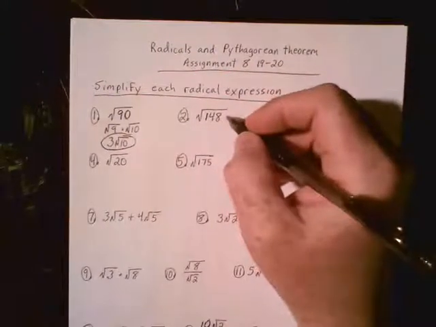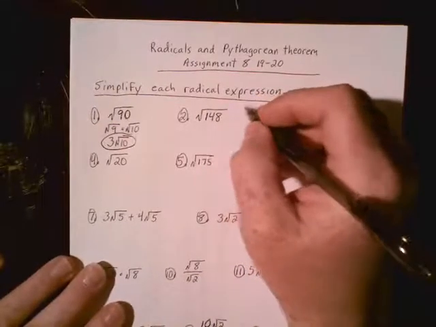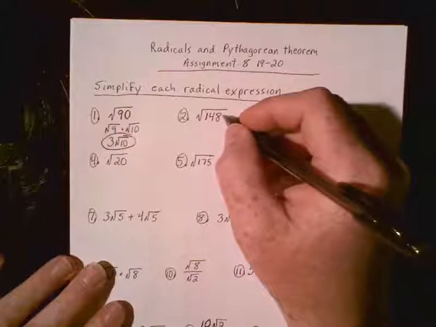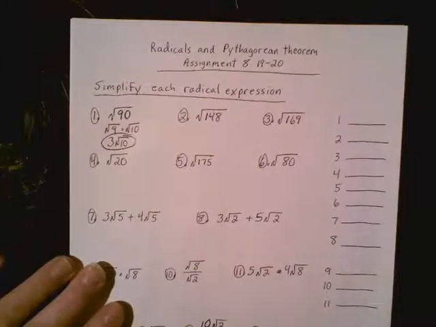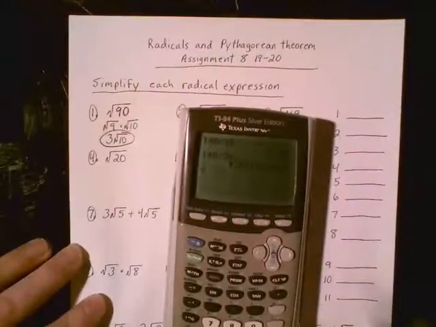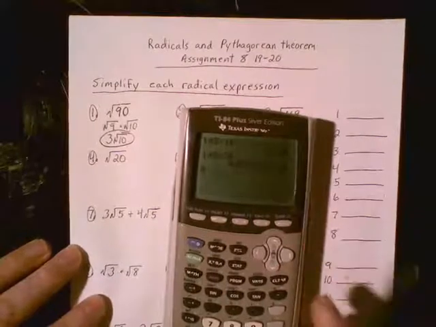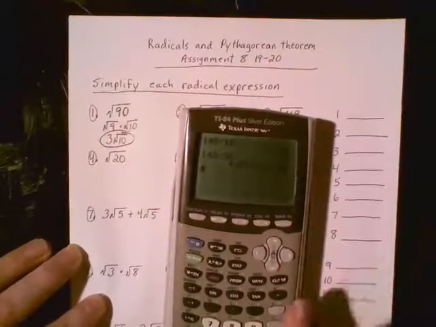Next one, 148. I know 4 will go into it. Might be a bigger number that'll go into it. And you usually want to try to find the bigger number, just like with simplifying fractions. So I grabbed my calculator and I tried to divide 16 into it. I tried to divide 36 into it because they're both perfect square numbers. Neither one would go in evenly.